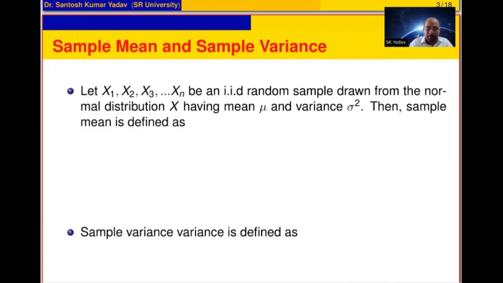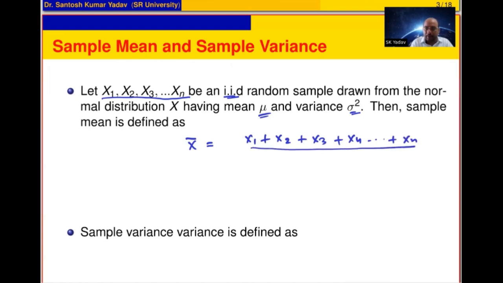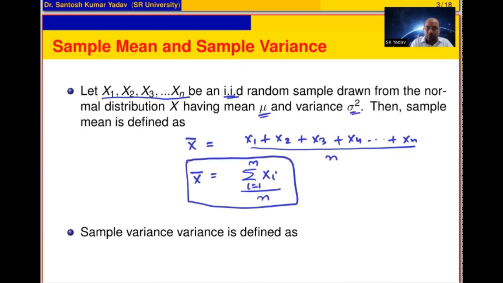If I have a sample of size n taken from a normal population with mean mu and variance sigma square, then the sample mean, denoted by x bar, is defined as the sum of these samples, x1 plus x2 plus x3 plus x4 and so on plus xn, divided by n. This I can write as summation xi, i equal to 1 to n, divided by n. So this is your sample mean, as is well known.